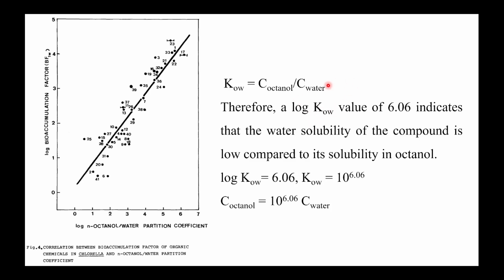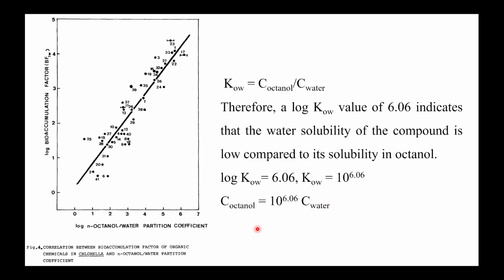So that means the value of KOW, or the partition coefficient, is 10 raised to the power of 6.06. That means the concentration of that compound, benzopyrene, in octanol is 10 raised to the power of 6.06 times the concentration in water.